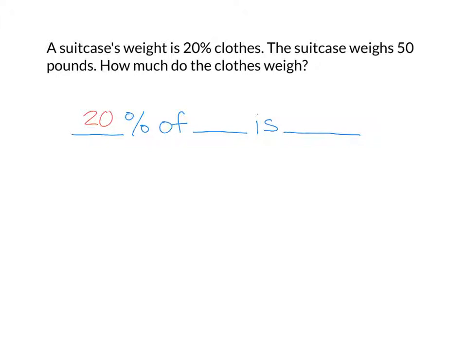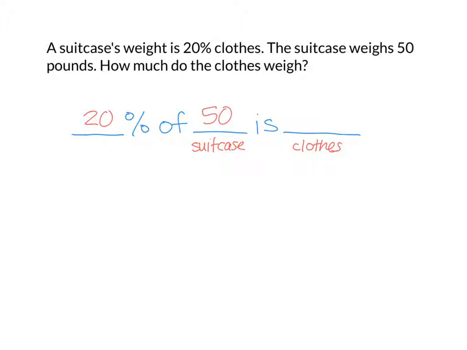So 20% of how much the suitcase weighs. The suitcase weighs 50 pounds. So we're finding 20% of 50. And we know that the suitcase is 50 pounds, so now we need to figure out how many pounds the clothes are. That's what it equals in the end.